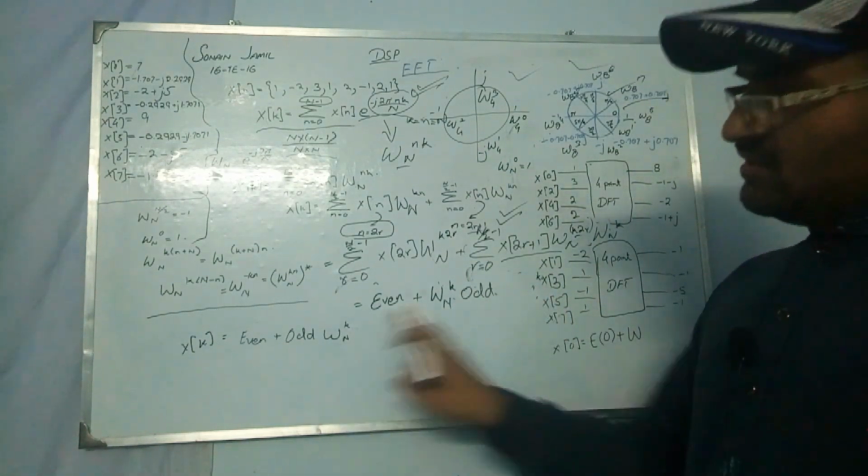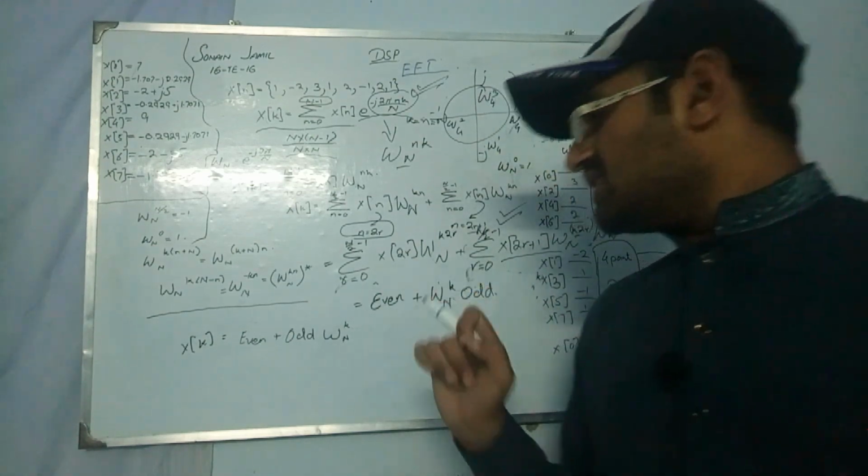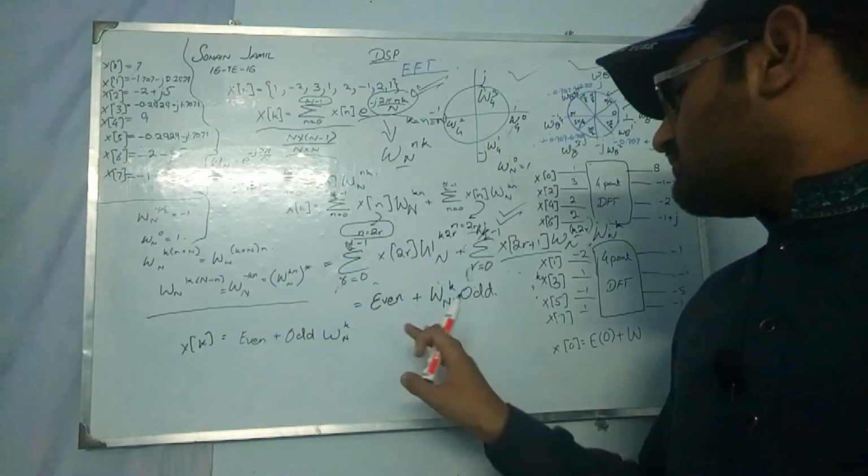So this is the end result of this fast Fourier transform.